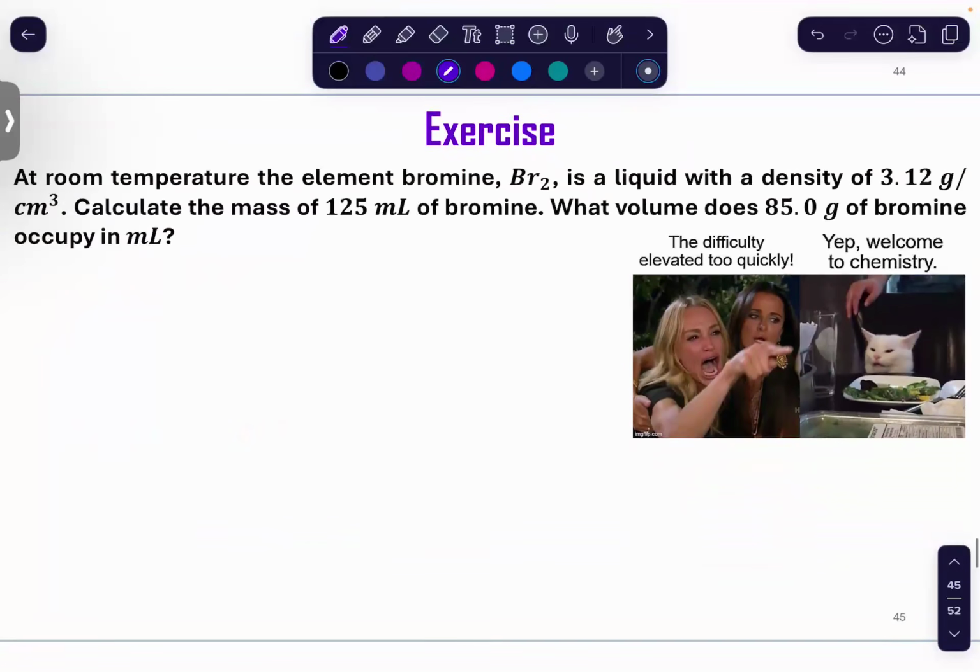We can also use density to solve chemical problems. Now, keep in mind, always be paying attention. I'm going to put things, even in exercises that we work through, that you're going to want to keep in mind. Okay, so when we're talking about the periodic table, here you have a bromine molecule, Br2. Bromine is a halogen. Halogen is going to be that group 7, it depends on the periodic table you're looking at. It'll either be column 17 or column 7A.